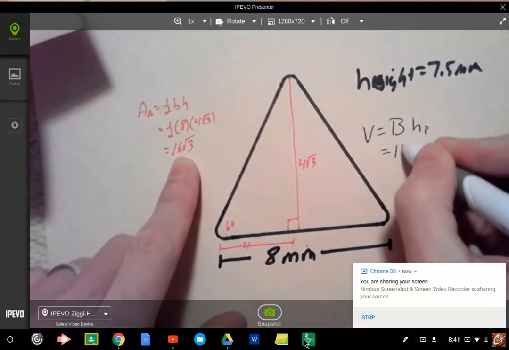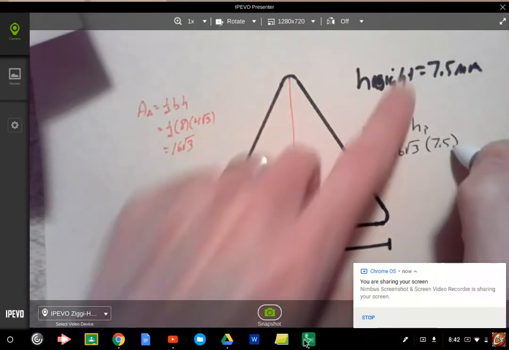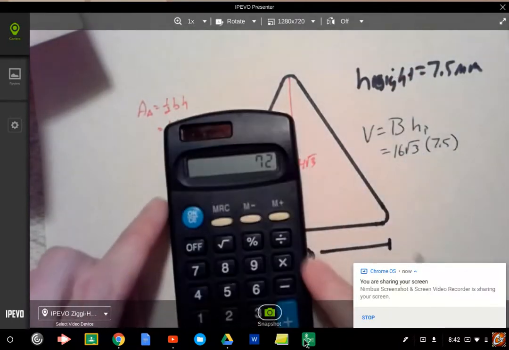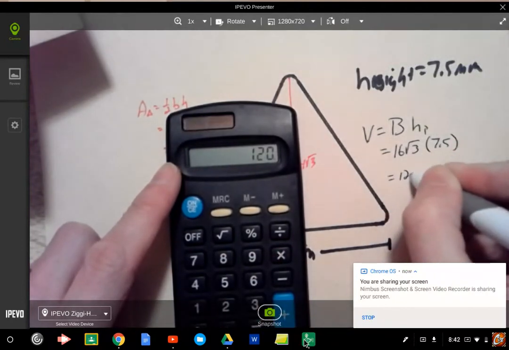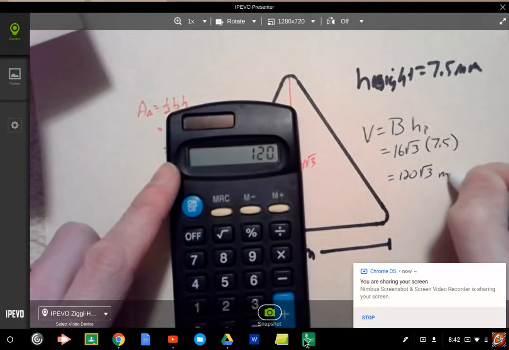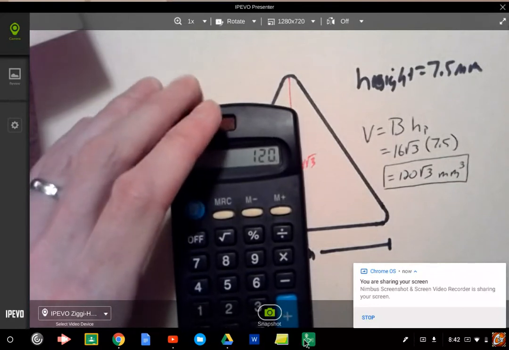We found the area of the base, 16 radical 3. Multiply that by 7.5, and I'll have my volume. So 16 times 7.5 gives me 120 radical 3 cubic millimeters. That is the volume of Gatorade that I have.